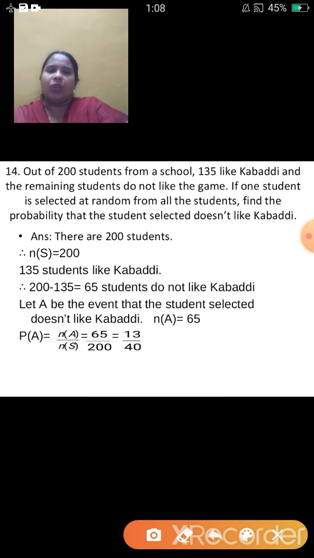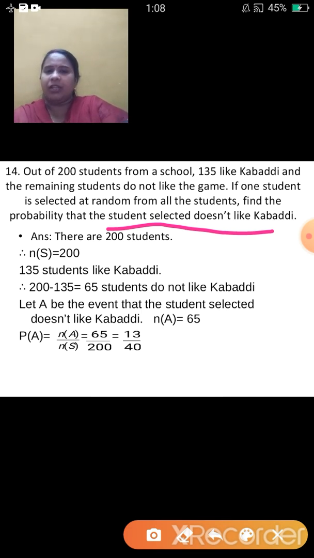Now next step is what? 135 students like Kabaddi and the remaining do not like the game. Right? So out of 200, if 135 students like Kabaddi, we can find out how many students do not like Kabaddi. Why do we need that? Because that is the event that is given here. We want the probability of students who do not like Kabaddi, so we should have the number of students who do not like it.